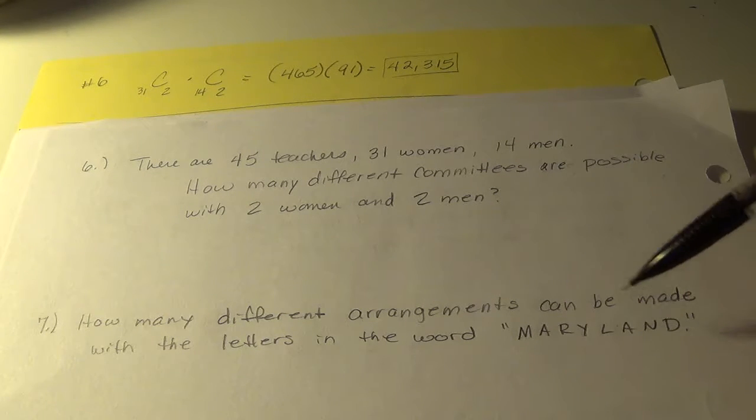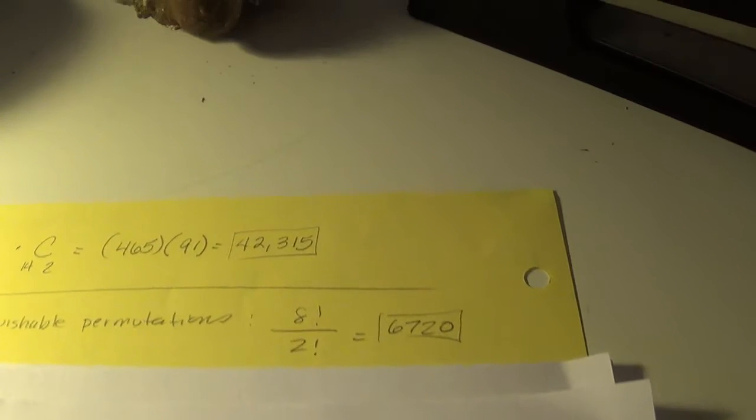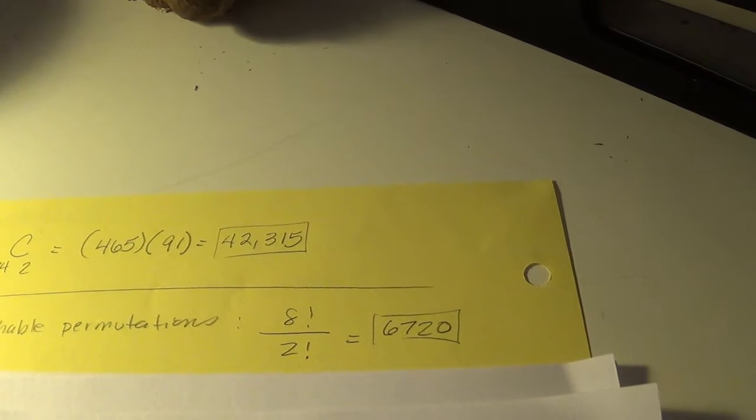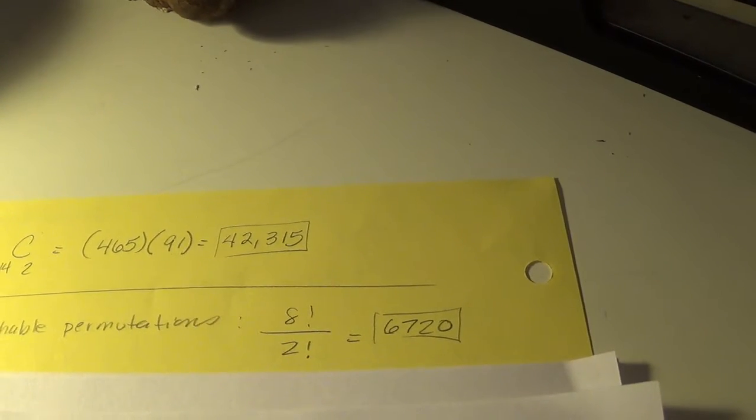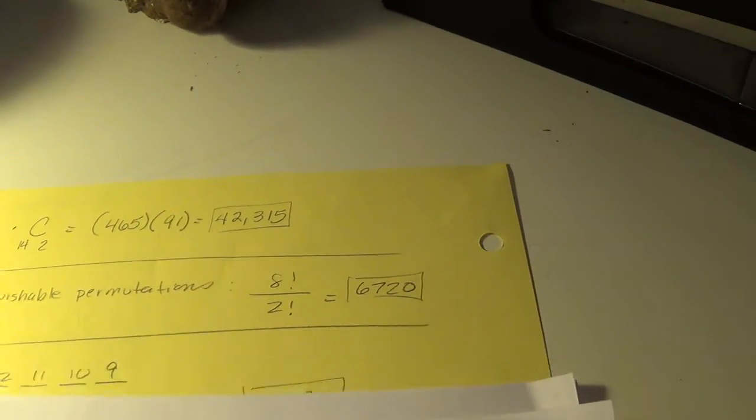In this word we only have 2 A's that are repeated, so we'll divide by 2 factorial. So 8 factorial divided by 2 factorial comes to 6,720.